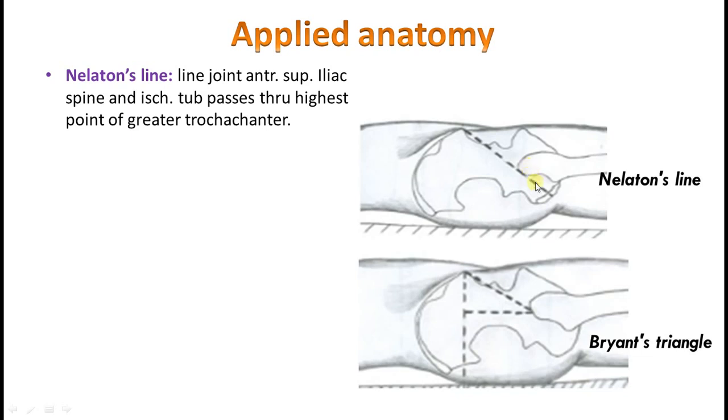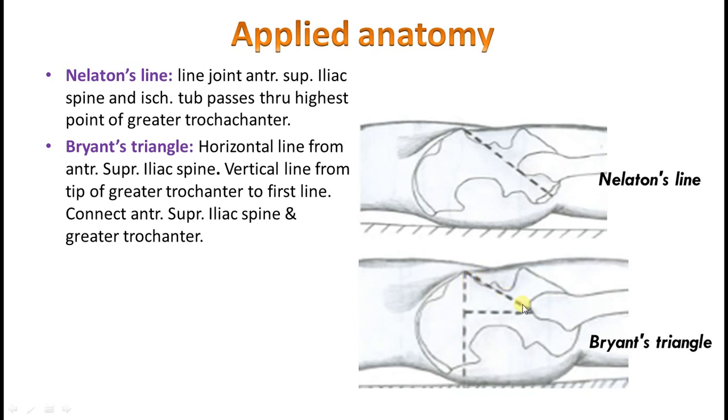Now, in persons who are very obese with a lot of fat, it is very difficult to identify the ischial tuberosity. So in those persons, the importance of Nelaton's line cannot be taken into account.